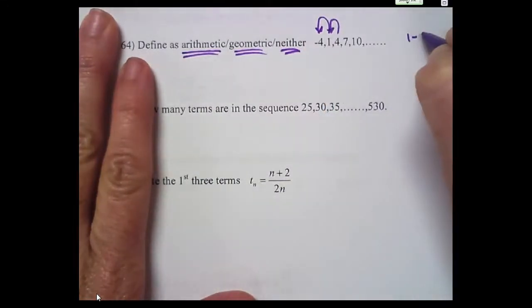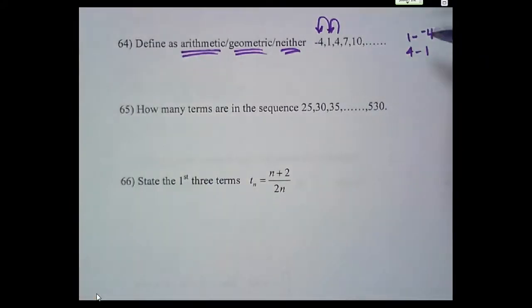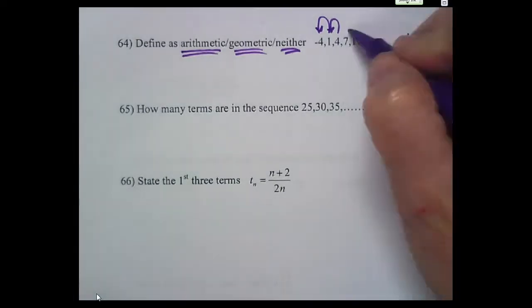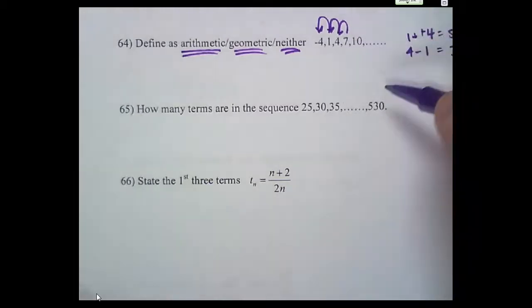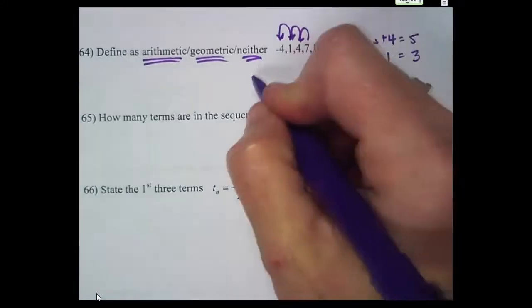So 1 minus -4 and 4 minus 1. Did they give you the same answers? What's 1 minus -4? 5, and 4 minus 1 is 3. Now go to the next one. 7, it's neither. Because you should have gotten 3 for both of them.